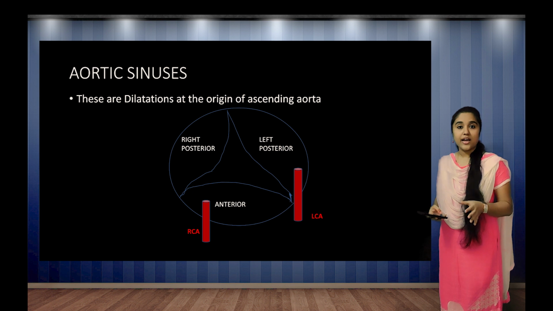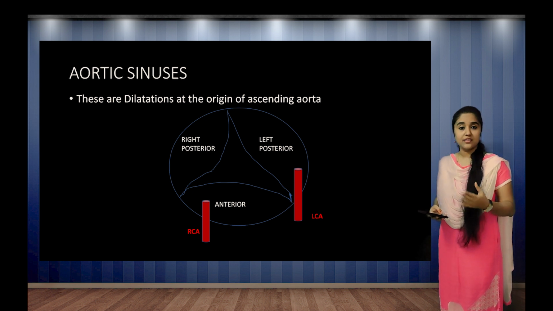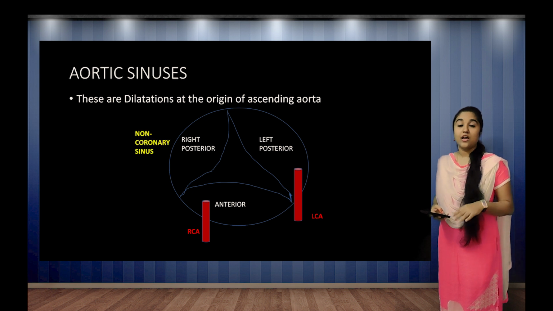The anterior aortic sinus is also referred to clinically as the right coronary sinus, since the right coronary artery arises from there. The left posterior aortic sinus is clinically known as the left coronary sinus. The right posterior aortic sinus doesn't give rise to any coronary artery, so it is referred to as the non-coronary sinus.